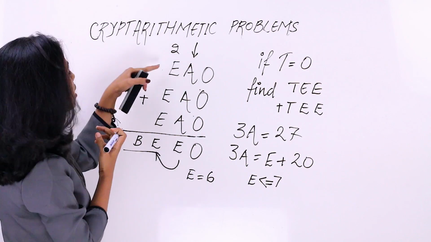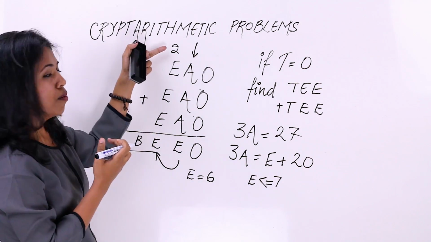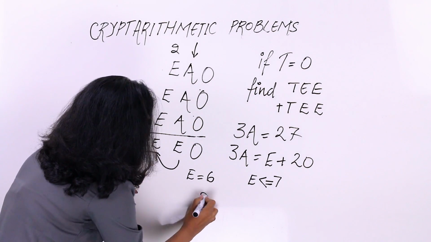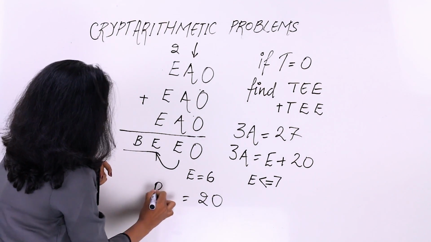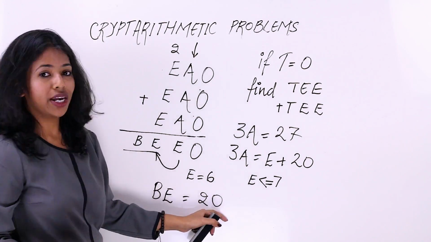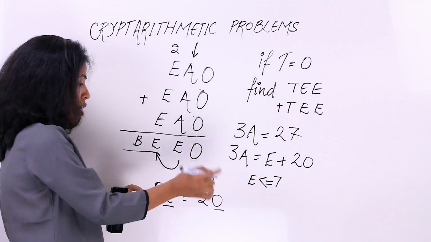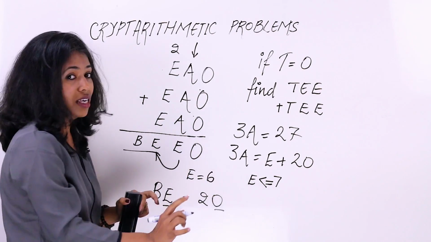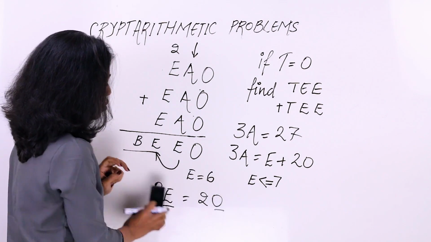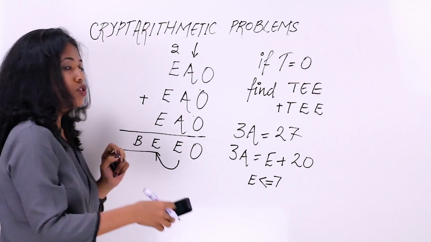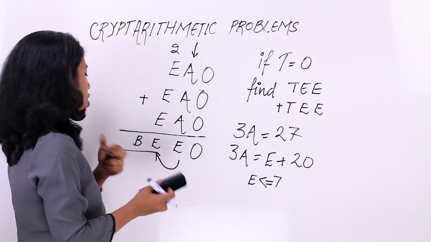Considering E to be 6, it will be 6 3s are 18 plus 2, which is 20. Again, we are saying BE is equal to 20. In this case, E represents 0, but we have taken the assumption that E is 6. So this also doesn't hold good. Similarly, when you check for 5 also, you won't get the correct results.